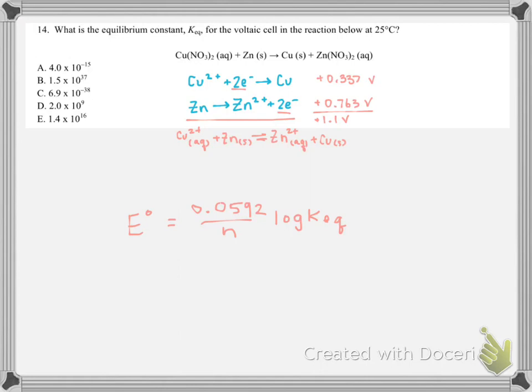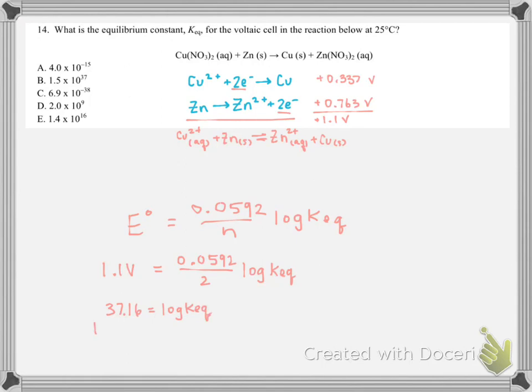Okay, so we can go ahead and say that 1.1 volts is equal to 0.0592 divided by n. So n is our number of electrons that were transferred. And so for this reaction, it's going to be 2 times the log of KEQ. So then we can solve and see that 37.16 is equal to the log of KEQ.